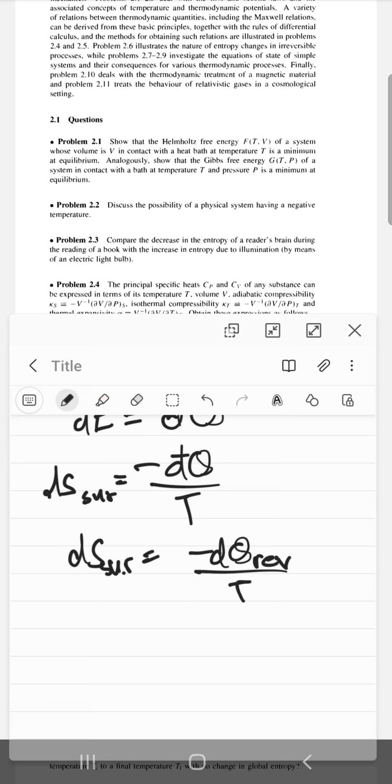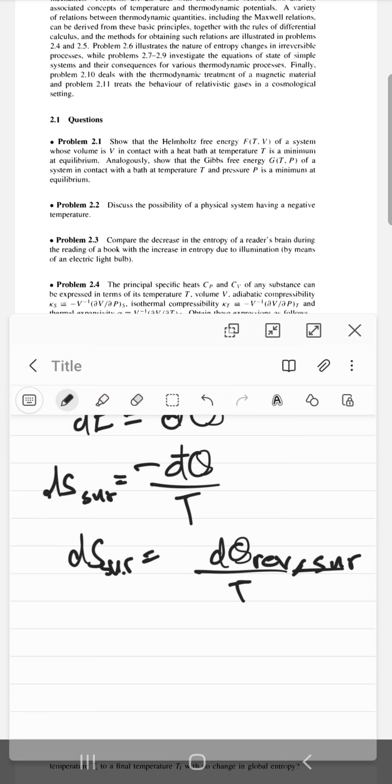Or I should really say positive dq reversible of the surrounding upon temperature, but that's basically just minus dq reversible upon temperature. We can write that certainly, because that's the definition of dS. It's a very valid equation.